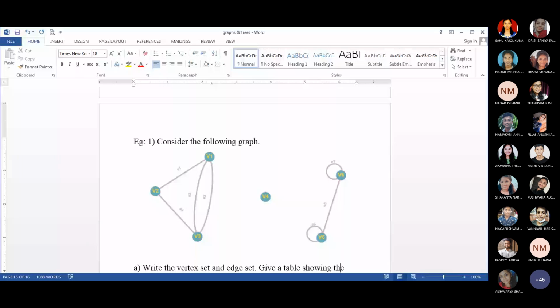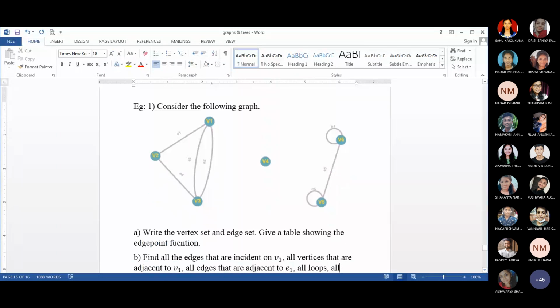Because those are the 7 edges which are seen in the graph. So basically I have a graph on 6 vertices and 7 edges.